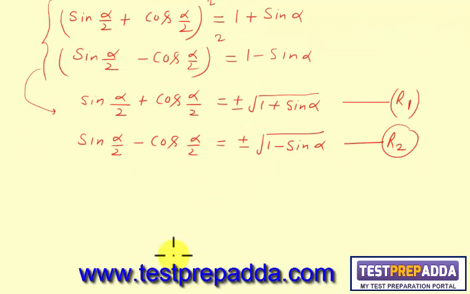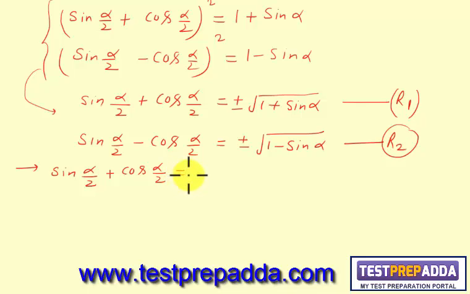Okay. Now, the values of relation 1 and relation 2 will be positive or negative. To understand that, I will take sin alpha by 2 plus cos alpha by 2.